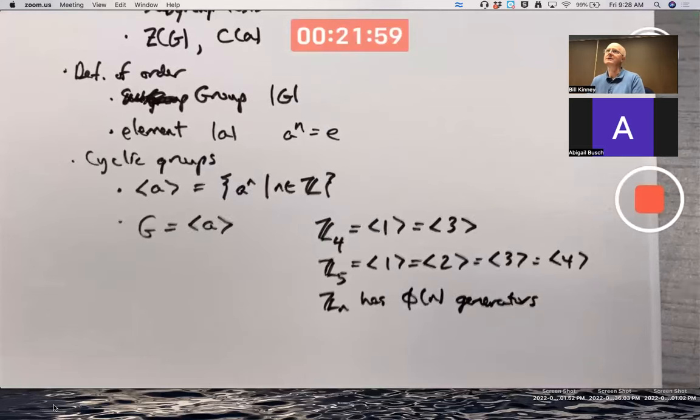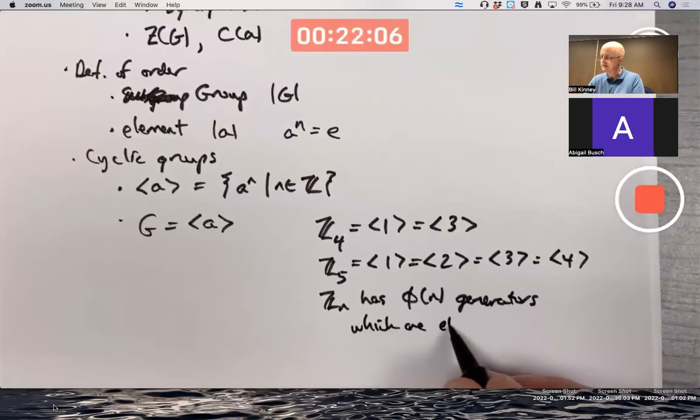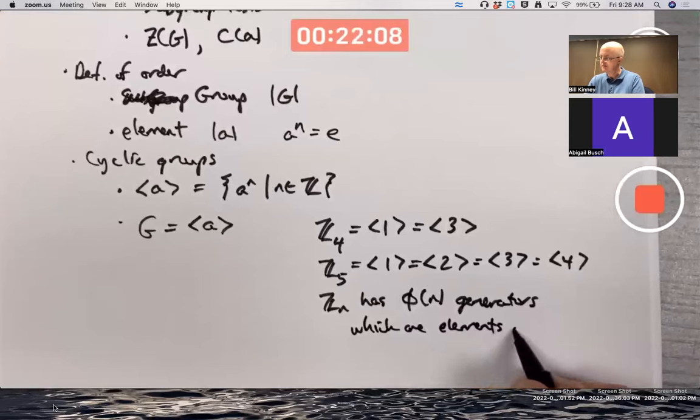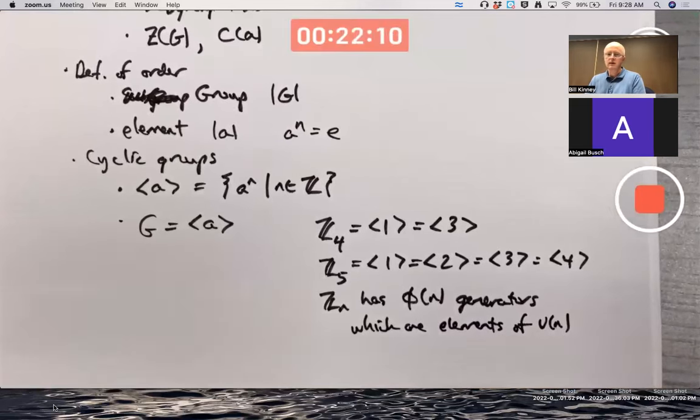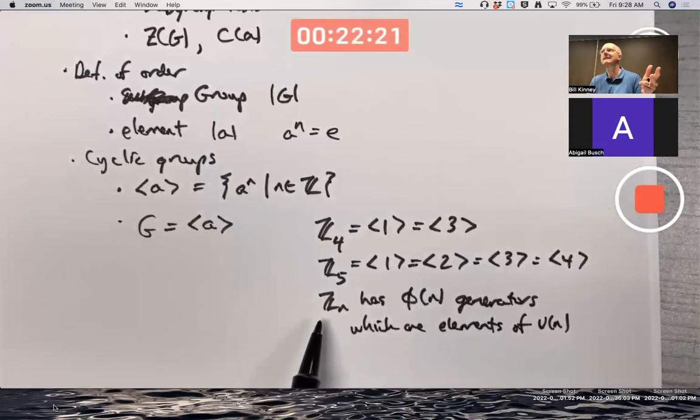And the generators end up being elements of U(n). Zn is our prototype cyclic group of order n. Elements are 0 through n minus 1. Operation is addition mod n.